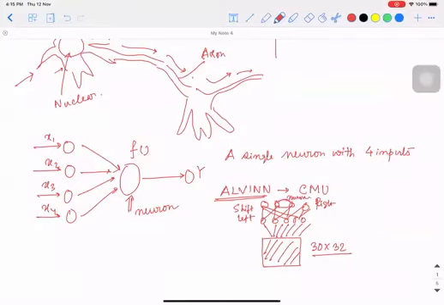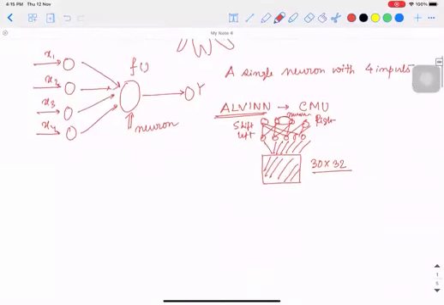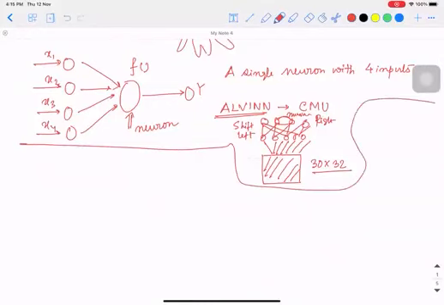Let's try to understand where neural network techniques are useful, the cases where we think of applying neural networks rather than traditional statistical methods. First, instances are represented by attribute-value pairs. In the training set, each instance is represented by a set of features and corresponding values.